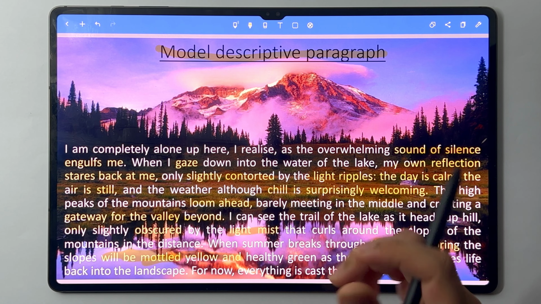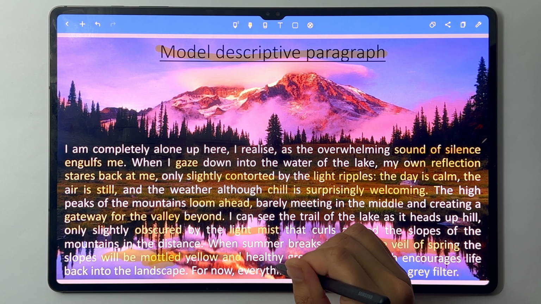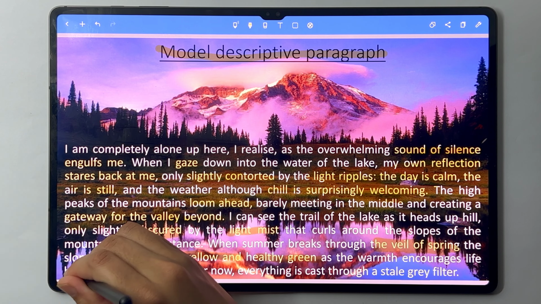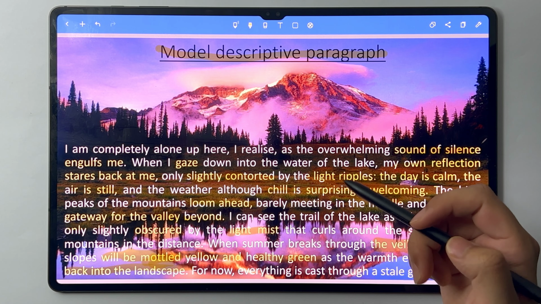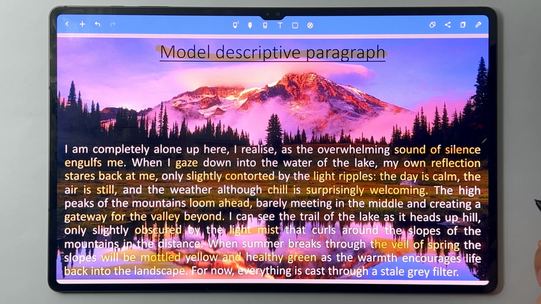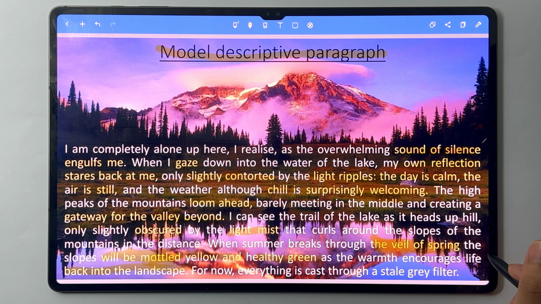Okay, so mottled means like there will be blotches, okay, or patches, mottled yellow and healthy green, as the warmth encourages life back into the landscape. So there's a transitioning happening from spring to summer. Look at the sophistication in my description. The veil of spring. Okay.